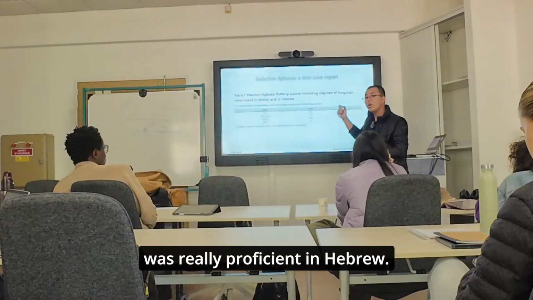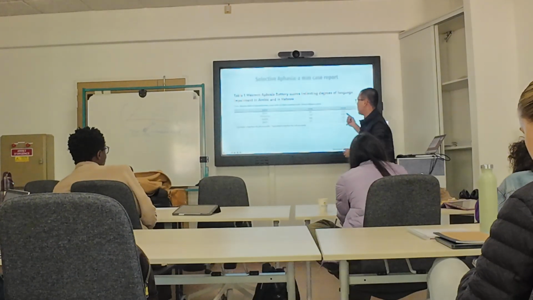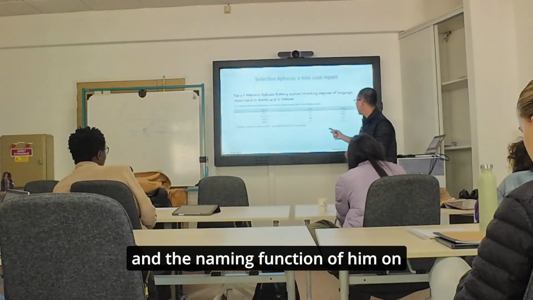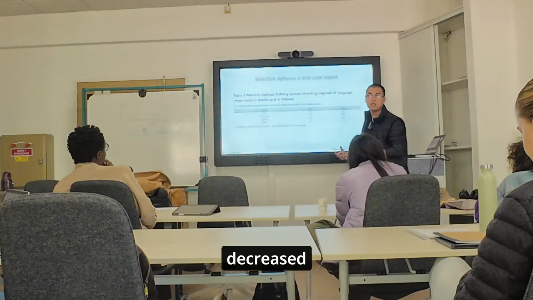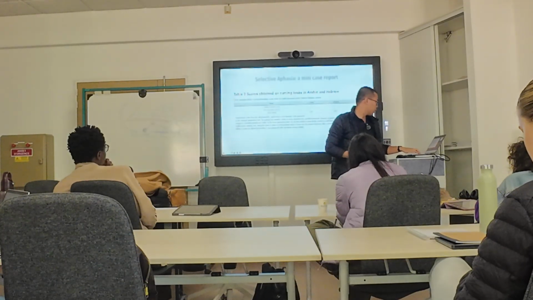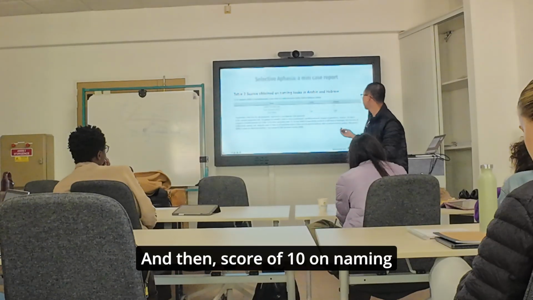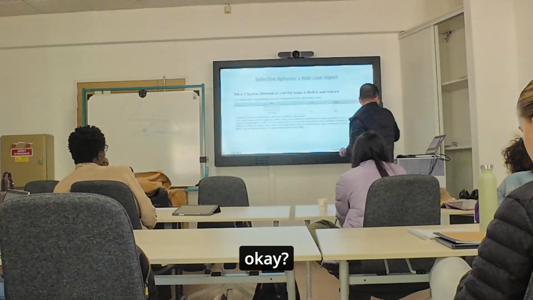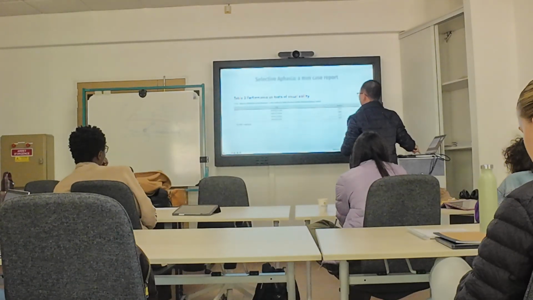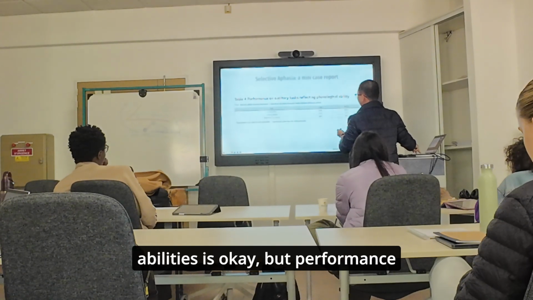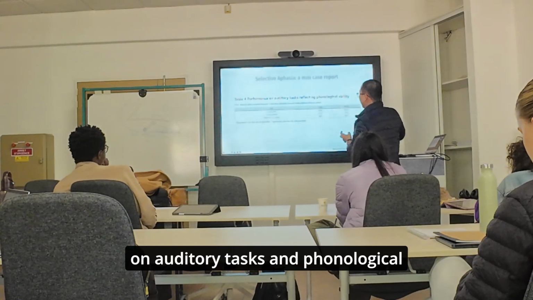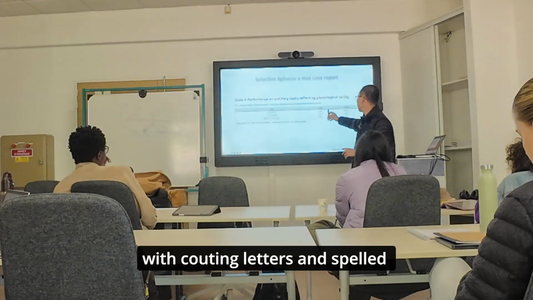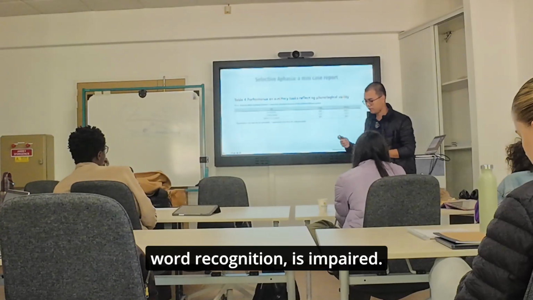Although he was really proficient in Hebrew, we can see that his fluency, comprehension, repetition, and naming are impaired, and the score obtained on the naming task in Hebrew is decreased too. The performance on visual abilities is okay, but performance on auditory tasks and phonological ability, with counting letters and spelled word recognition, is impaired.